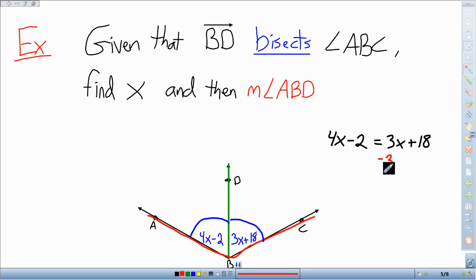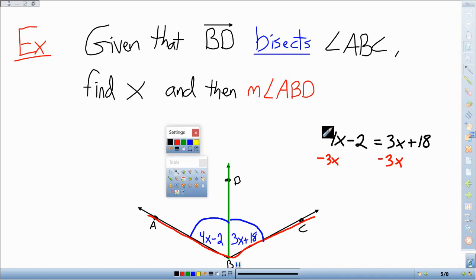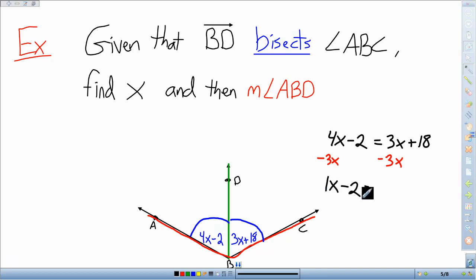I would have to subtract this whole 3x over to the left. I'm choosing to do that because I looked ahead and noticed, 4x minus 3x is going to give me a positive 1x. And again, I like positive numbers. So we're getting a positive 1x over here. I'm going to bring down everything else, minus 2. These 3x's cancel, and I have an 18.